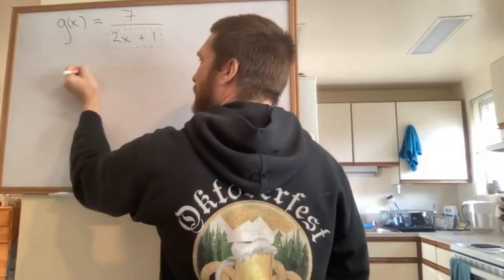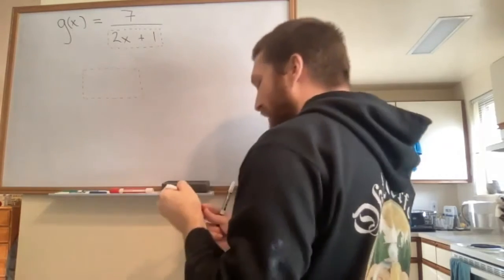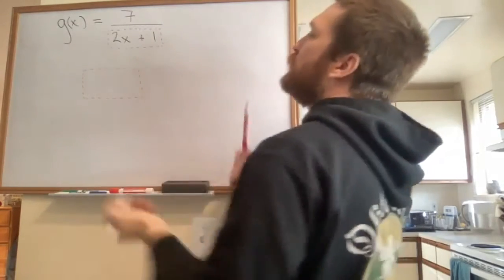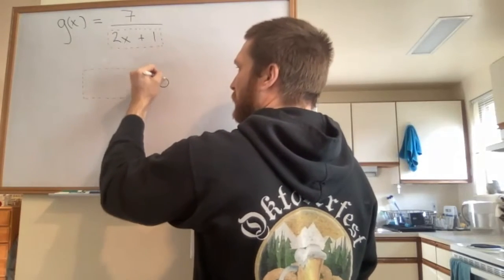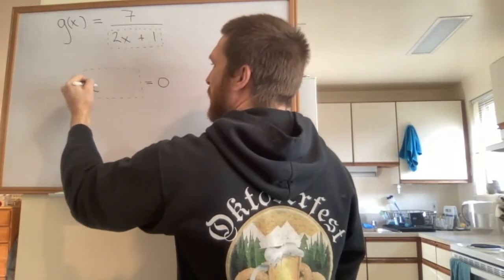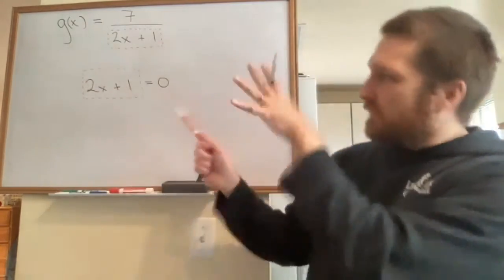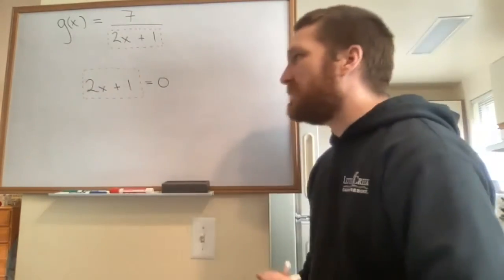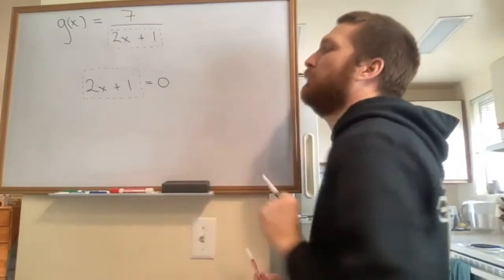So whatever that is, when that thing is equal to 0, I'm just really driving the point home, but this is what you just told me to do. You said we're going to take whatever's in the denominator, set it equal to 0, and then we'll know what values we cannot plug in.